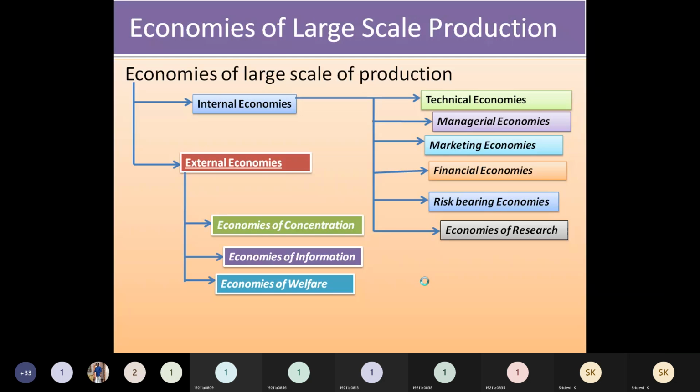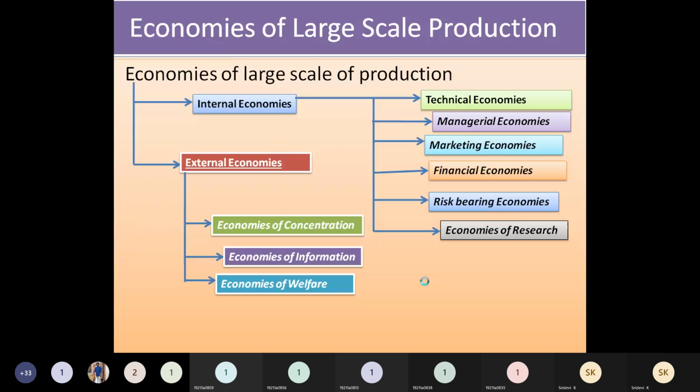So that advantage will be there if you are a large company, when you produce a large quantity of output. That is how this will be an advantage to large scale production.